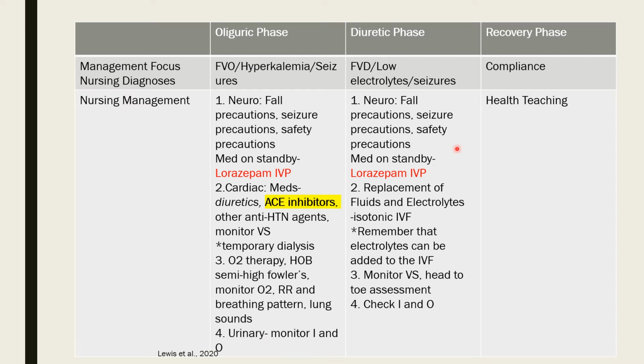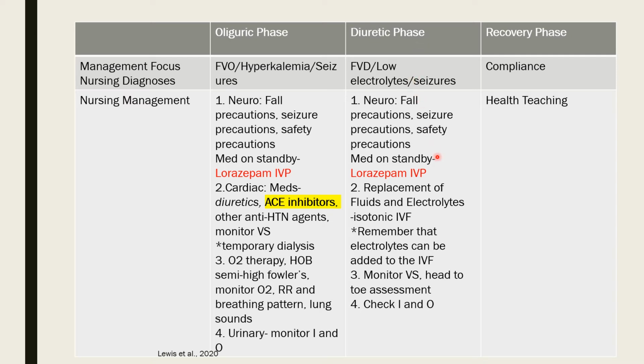Okay? Now, when you get to diuretic phase, remember our main concern here is the fluid volume deficit. Now, this time, your main concern is replacing the electrolytes that were lost due to too much diuresis.